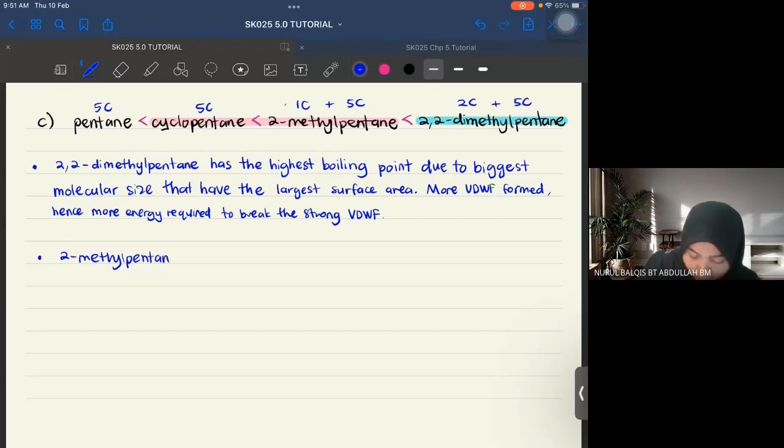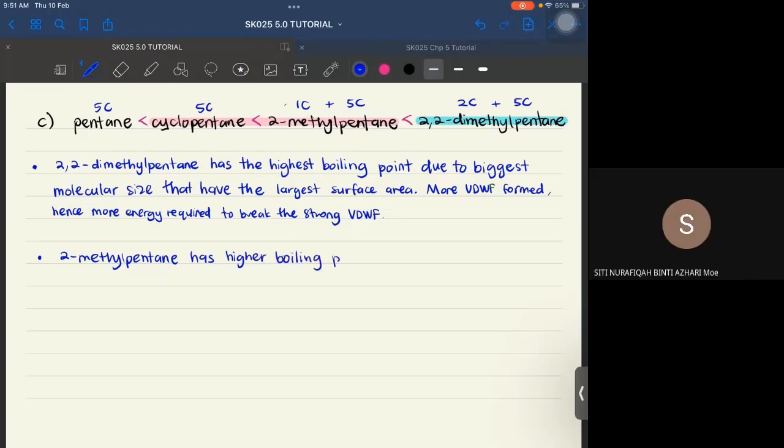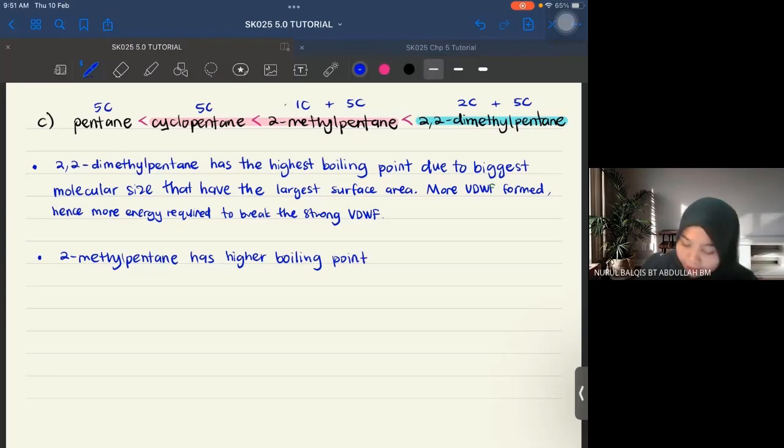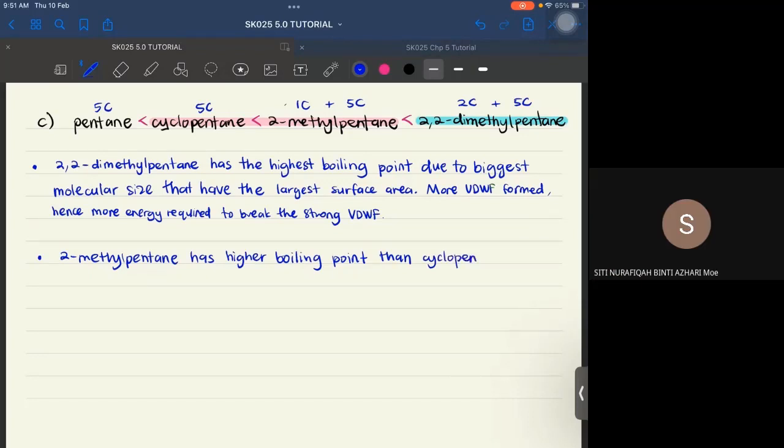has higher or lower boiling point? Higher. Okay, higher boiling point than cyclopentane and pentane.